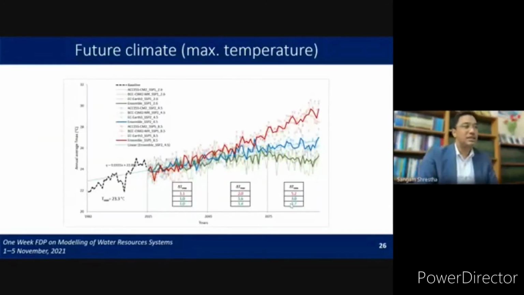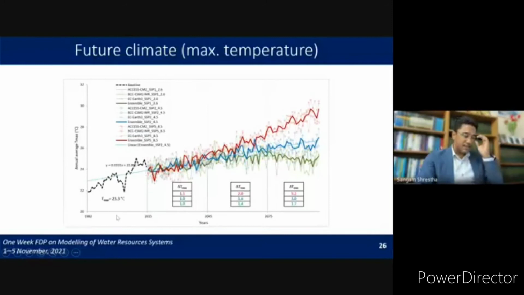Okay, I'll be presenting a few results from this case study. One is the future climate. In terms of the maximum temperature, we see that the maximum temperature will be increasing in the future in this basin.